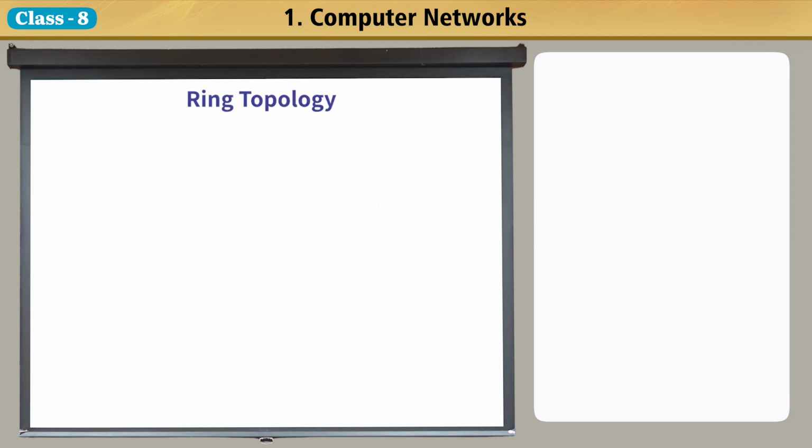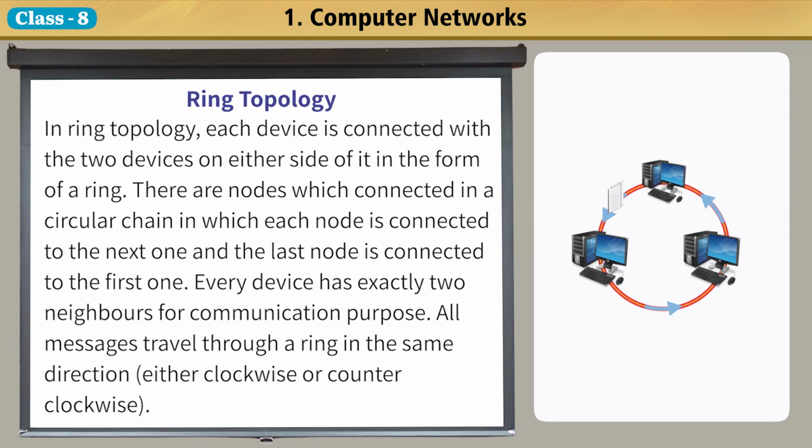Ring topology. In ring topology, each device is connected with the two devices on either side of it in the form of a ring. There are nodes which are connected in a circular chain in which each node is connected to the next one and the last node is connected to the first one. Every device has exactly two neighbors for communication purposes.